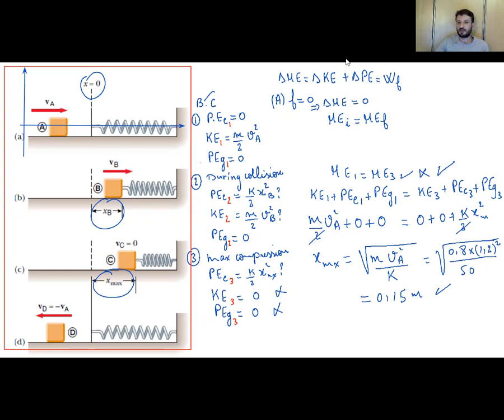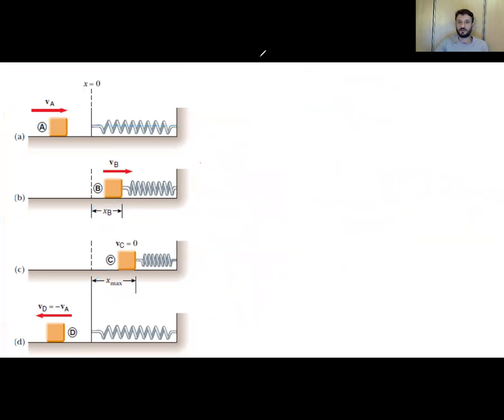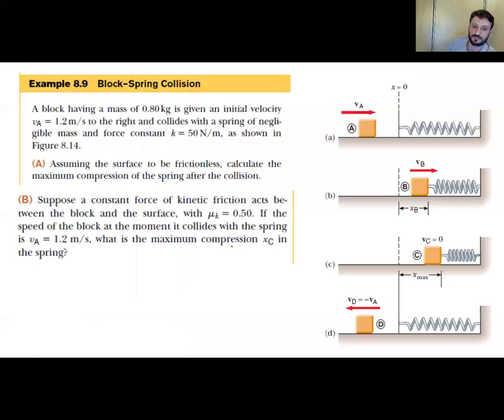Okay. Now it's part A. So let's go back to part B. Suppose a constant force of kinetic friction. Now we have an interaction between the object and the plane, with mu kinetic equals 0.50.